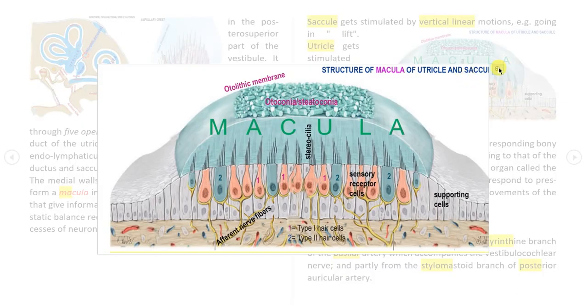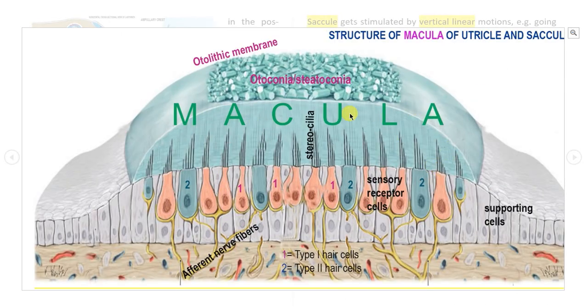So its counterpart is the macula. Macula, as you remember, is the specialized sensory epithelium of utricle and saccule. The difference is that here it is a gelatinous membrane containing crystals of calcium carbonate. These crystals are known as conia, so this is called otoconia or statoconia.